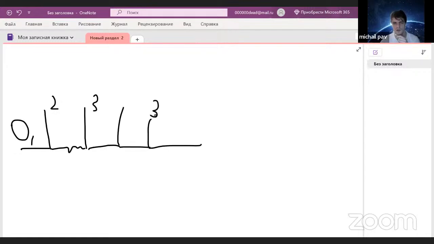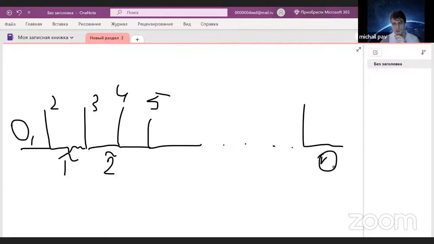Here it's not 3, it's 4, 5, and here are intermediate dimensions which come from OP. So this is the block of that topology, with n or n minus 1 here.